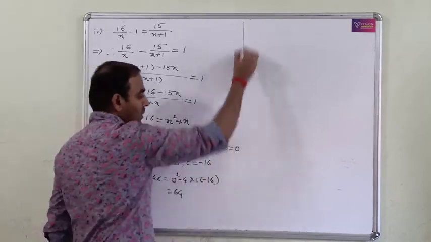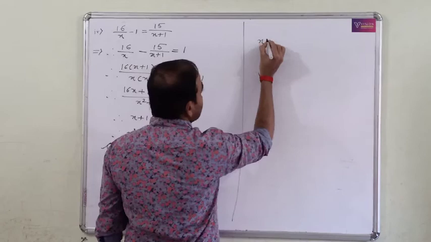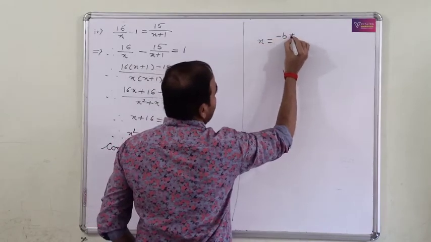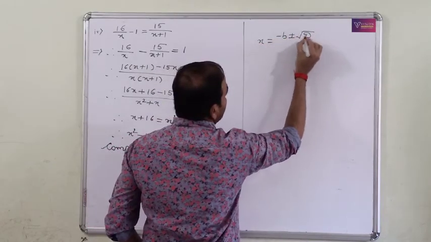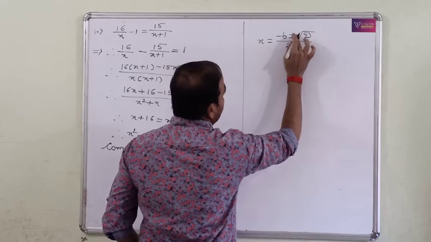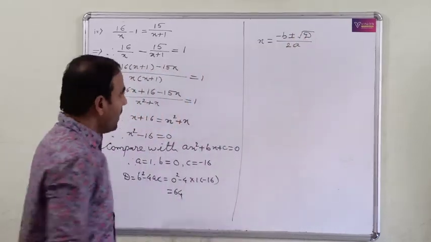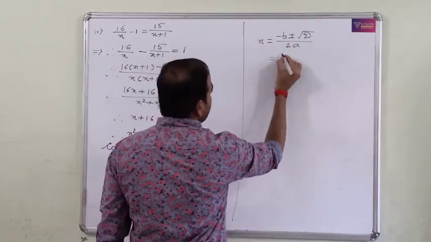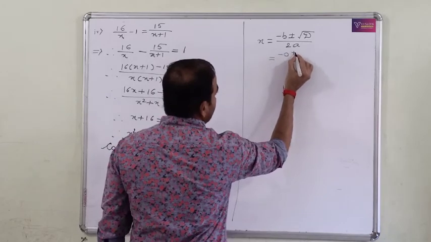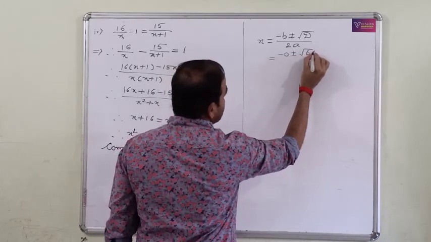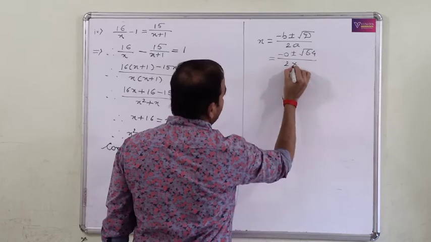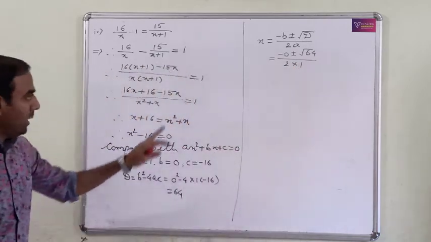Then put the value in the formula. x is equal to minus b plus or minus under root D upon 2a. Got it? Minus b इसका मतलब क्या है 0, plus or minus under root 64 upon 2 into a का value है 1.